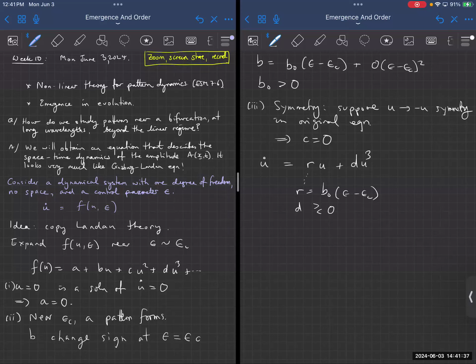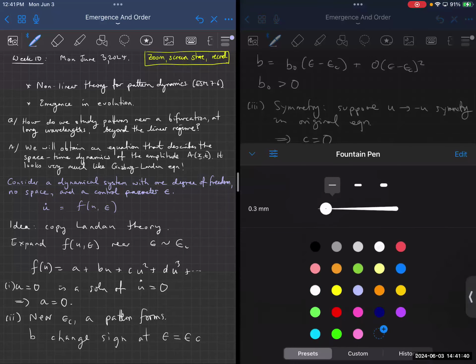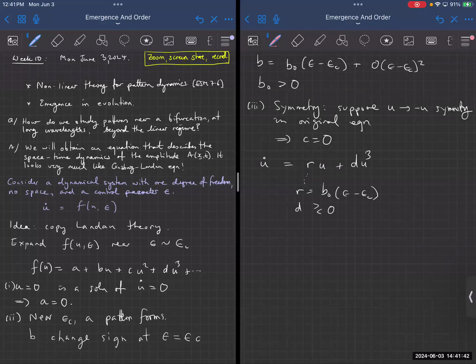Okay, so now we've got that. Let's take a look at what the possible steady states are. Let's suppose first of all that D is indeed negative.